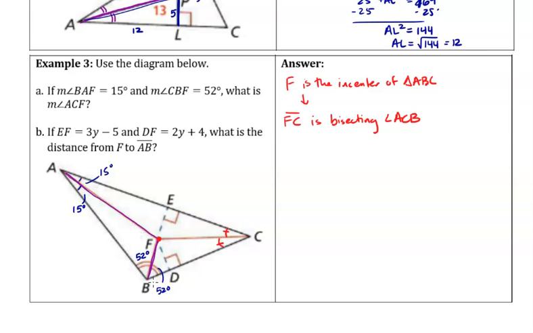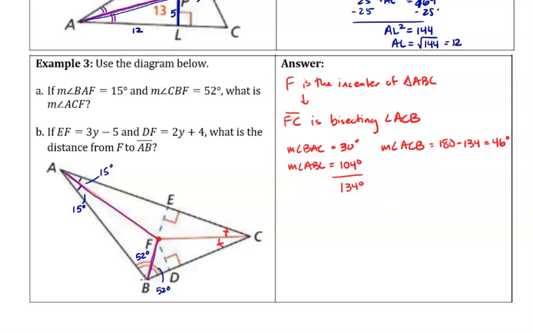But if I go back to looking at triangle ABC, I know that the measure of angle BAC is 30 degrees, 15 plus 15. I know the measure of angle ABC is 104 degrees, right? 52 plus 52. So if I add those together, that's 134 degrees. The measure of angle ACB, this third angle of triangle ABC, would be 180 minus 134, which is going to be 46 degrees.